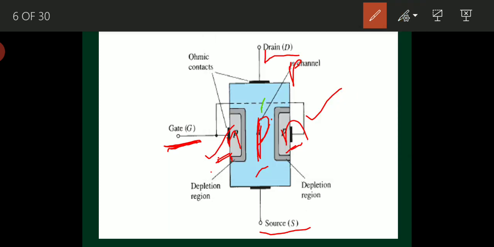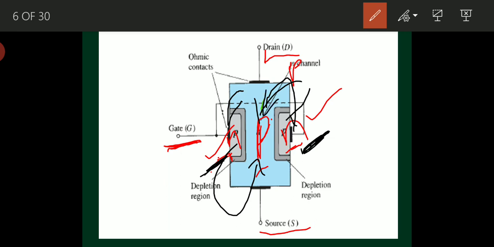Likewise, electrons, which are majority charge carriers in the n-type gate, will move to the p-type substrate, where they become minority charge carriers.